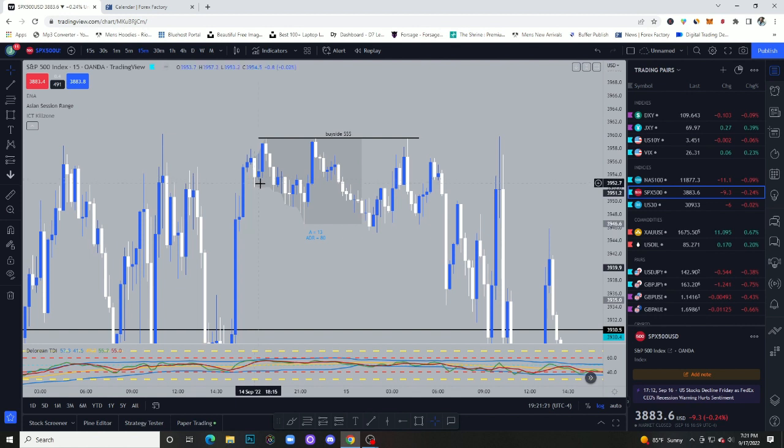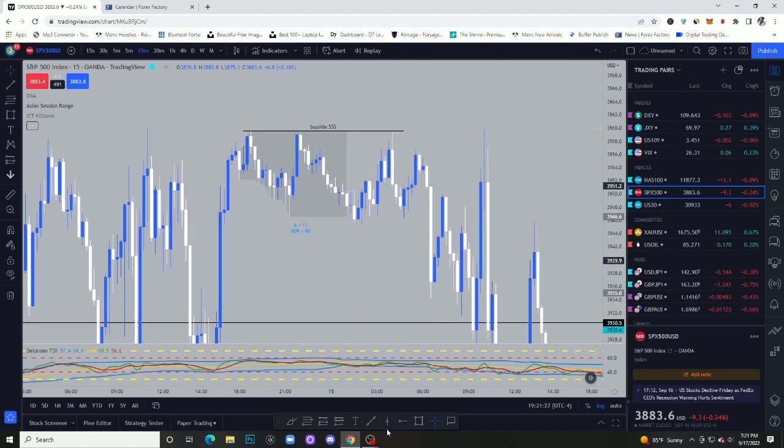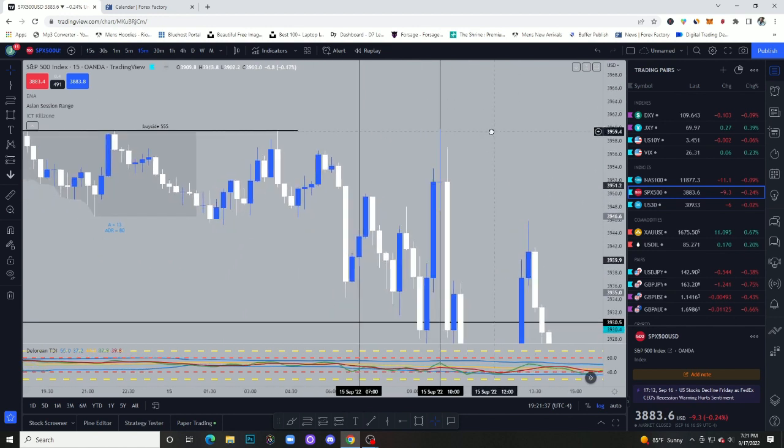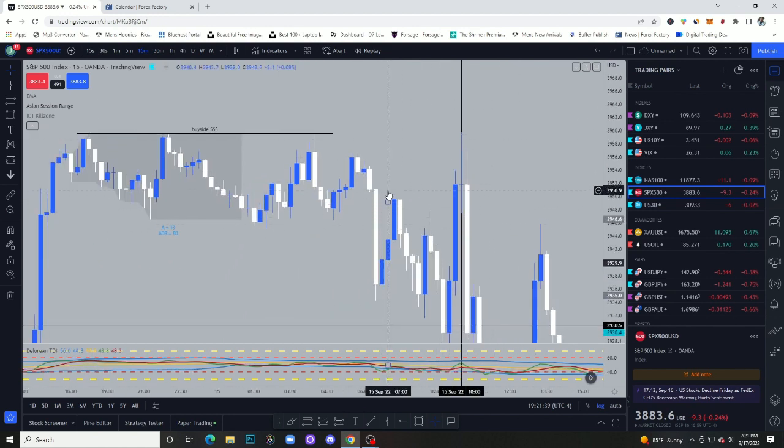Or this is the US close right here. And I normally trade in the US session. I'm gonna mark that now from 7 a.m. to 10 a.m. That's the New York session kill zone, right? This is the window that I trade between, that I back test and I trade between.